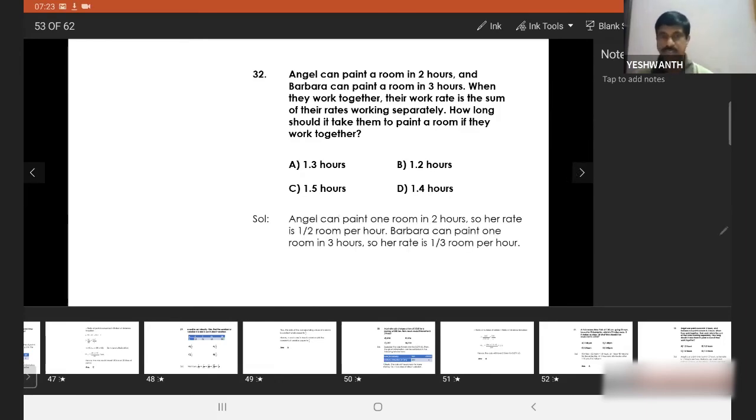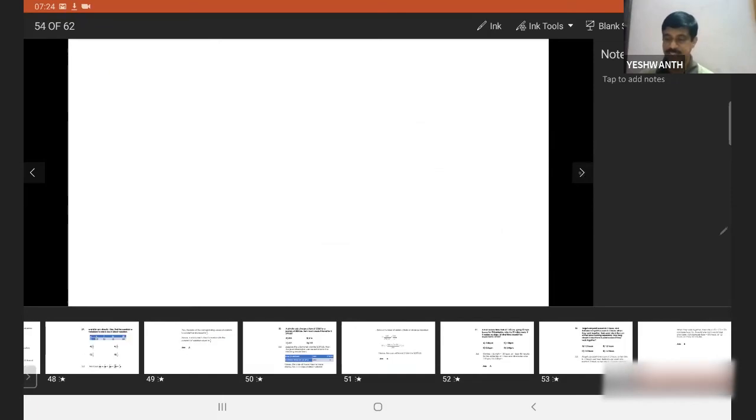So Angel is completing the room painting in 2 hours, so her rate is 1 by 2. And Barbara is completing the work in 3 hours, so her rate is 1 by 3. If they work together, the time should decrease, isn't it?